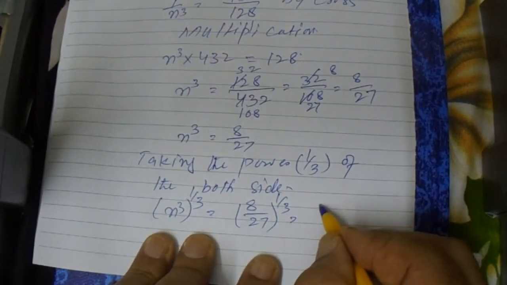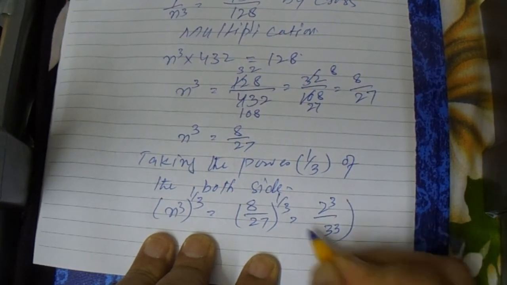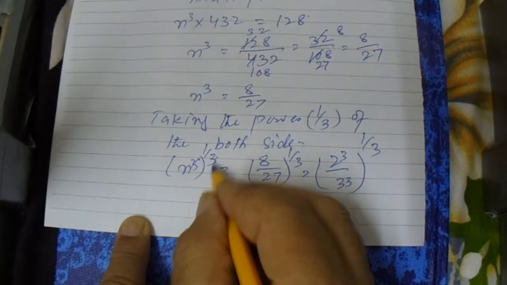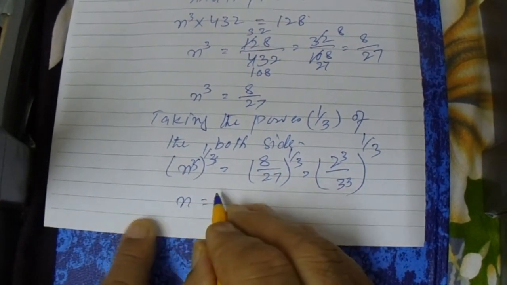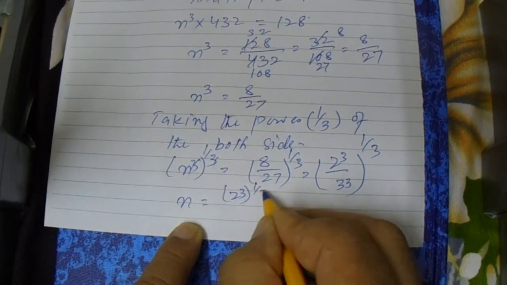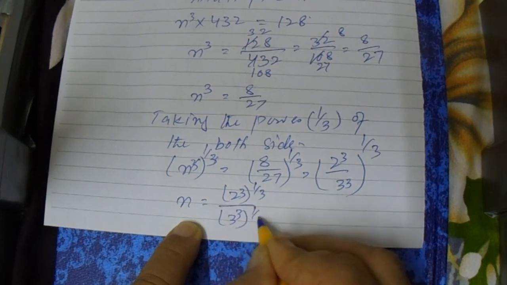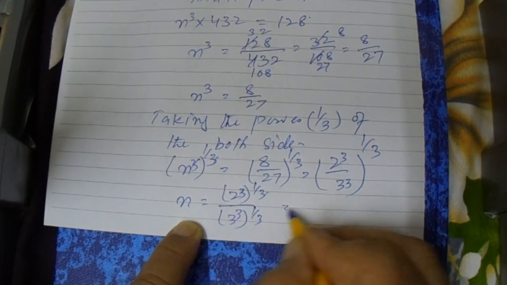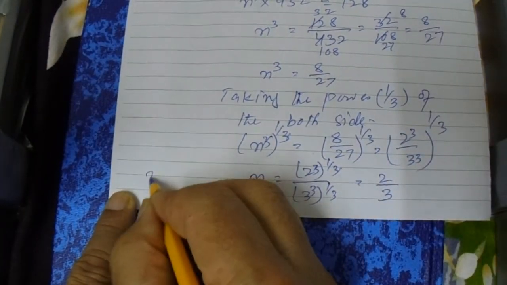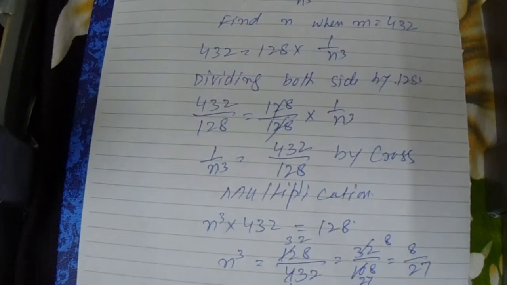We write 2 to the power 3 and 3 to the power 3, and we write 1 by 3. This will cancel, n is equal to 2 to the power 3 with 1 by 3 over 3 to the power 3 with 1 by 3. This will cancel, you have 2 by 3. Now n is equal to 2 by 3. Now this is the answer of this question.